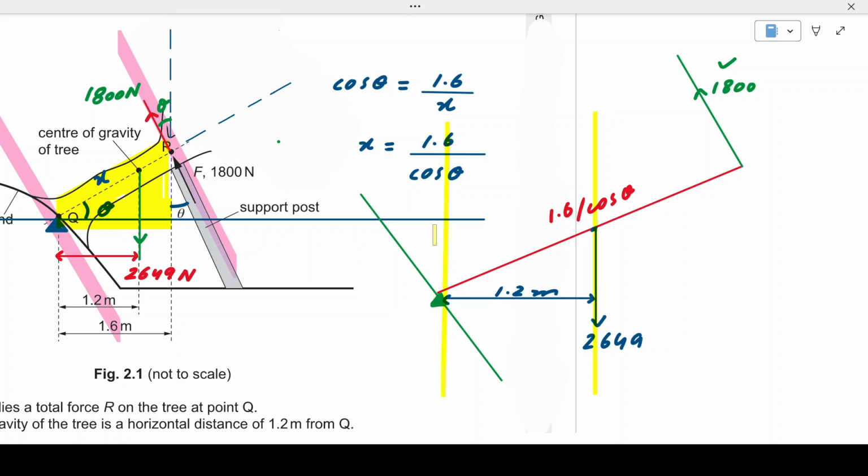It will look like this. The shortest distance between them is the distance of that force from the pivot, which in this case is 1.2. Let us now apply the principle of moment about the point Q.